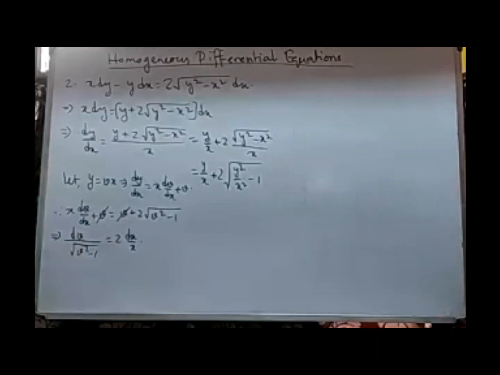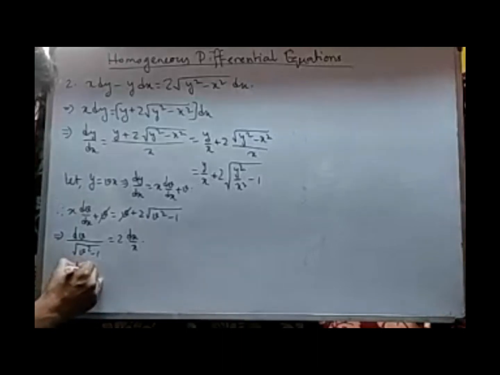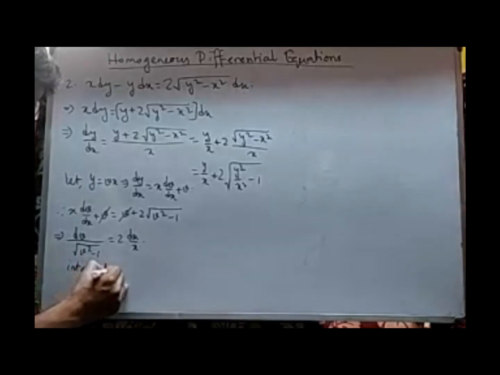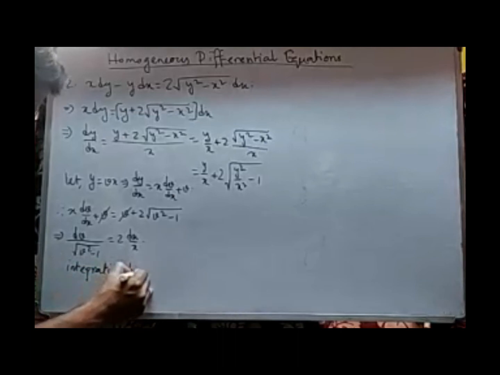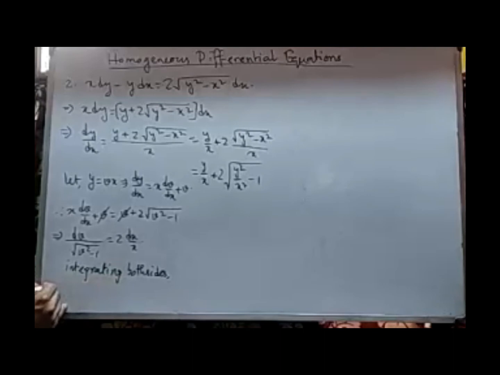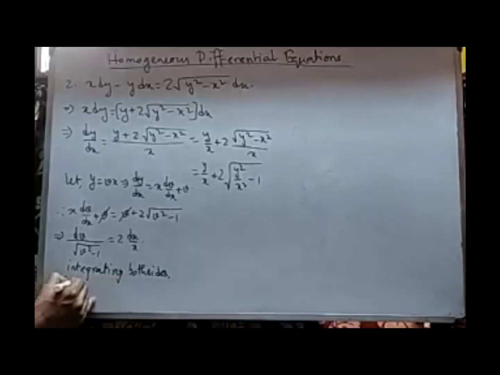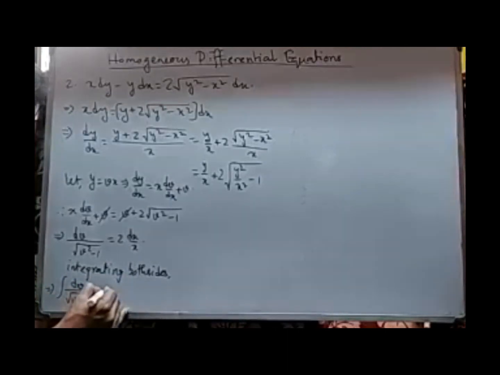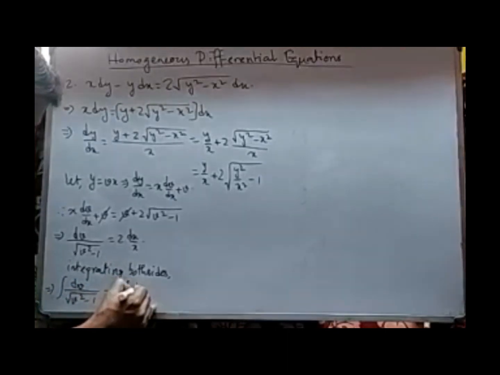So the variables are separated. We can integrate. So integrating both sides, we can write integral dv by square root of v square minus 1 is equals to 2 dx by x.